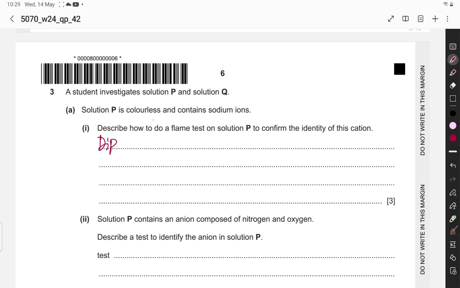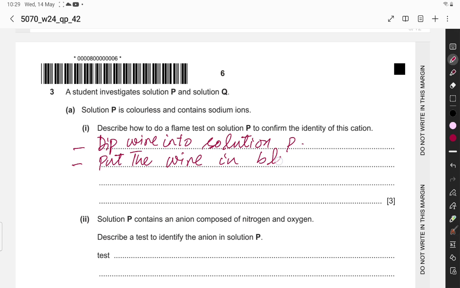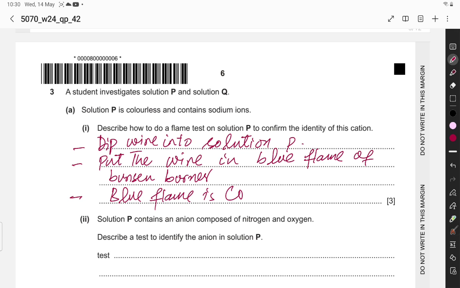Dip a wire into solution P, put the wire in the blue flame of a Bunsen burner, and the blue flame is converted into a yellow flame.